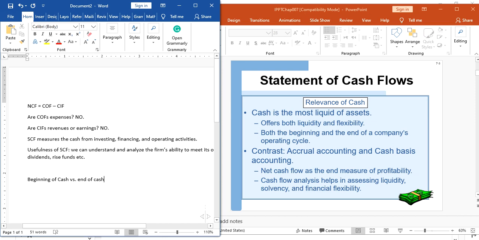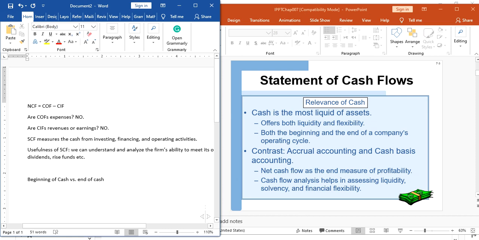We have already mentioned that it will be measured by cash outflows and inflows, decreasing in cash and increasing in cash.